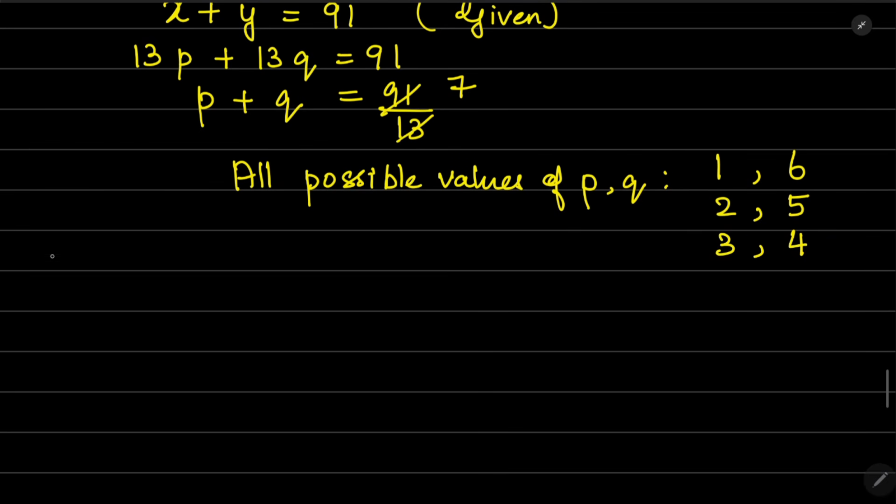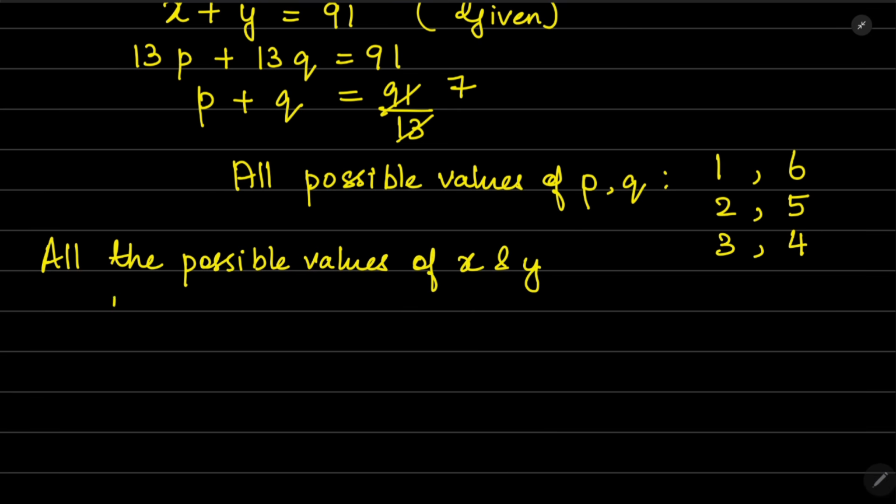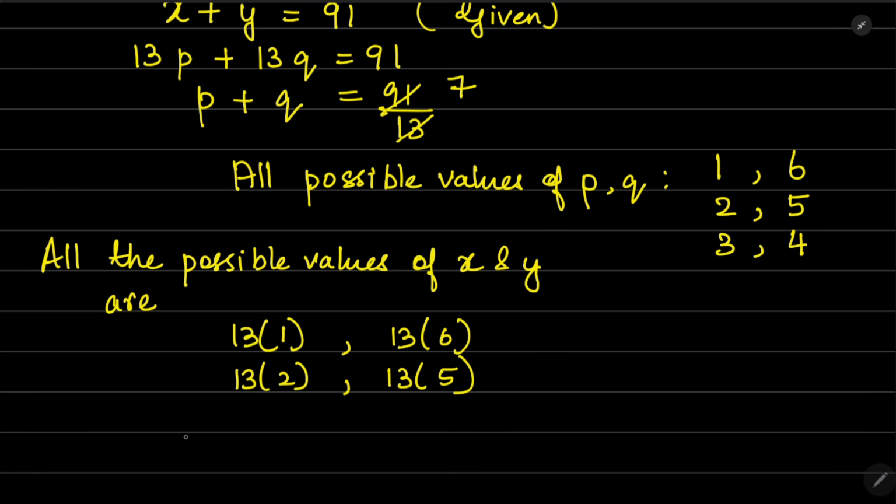So all the possible values of x and y are 13 multiplied by 1 and 13 multiplied by 6, 13 multiplied by 2 and 13 multiplied by 5, 13 multiplied by 3 and 13 multiplied by 4.